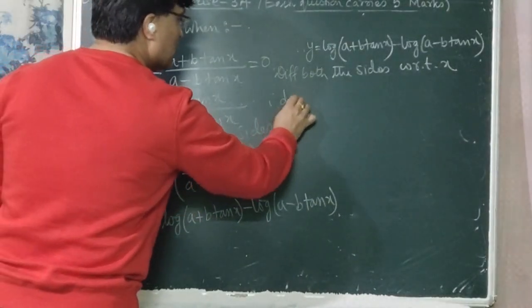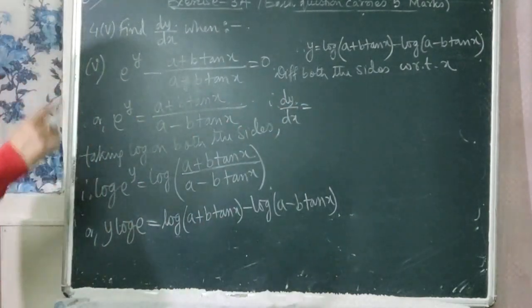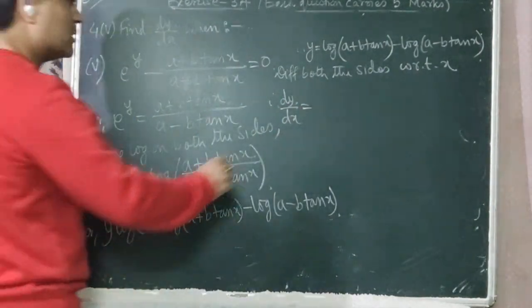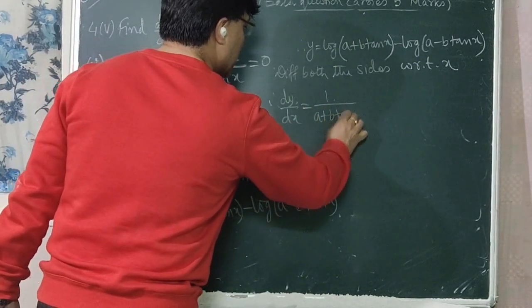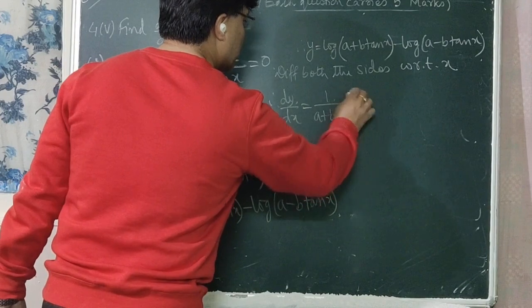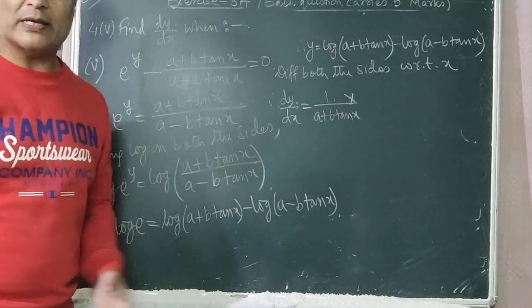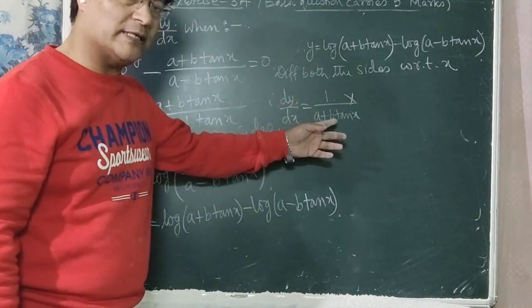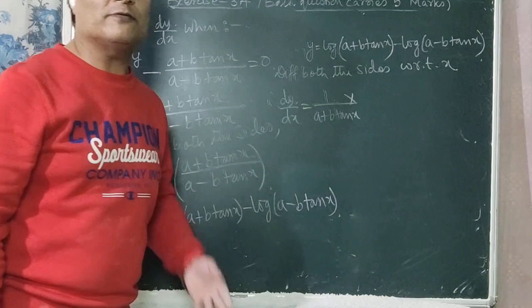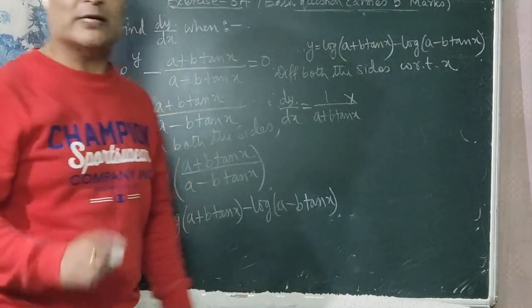So therefore dy by dx is equal to, now it is in the form log x. What is the differentiation of log x? That is 1 upon x. So it is 1 upon (a plus b tan x). Again, you have to differentiate the function which is assumed as x. That is, a plus b tan x was assumed as x.